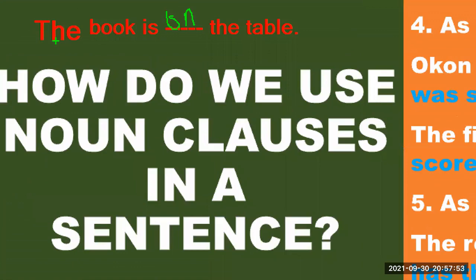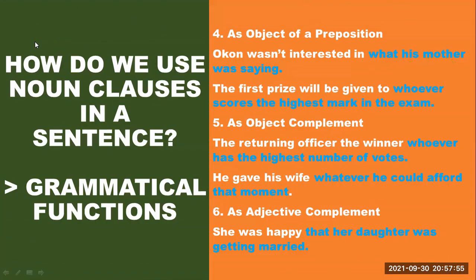All right, so let's bring this back. So we can look at this. The first prize will be given to whoever scores the highest mark in the exam. Now, the preposition here is to, and what comes after it is this noun clause.